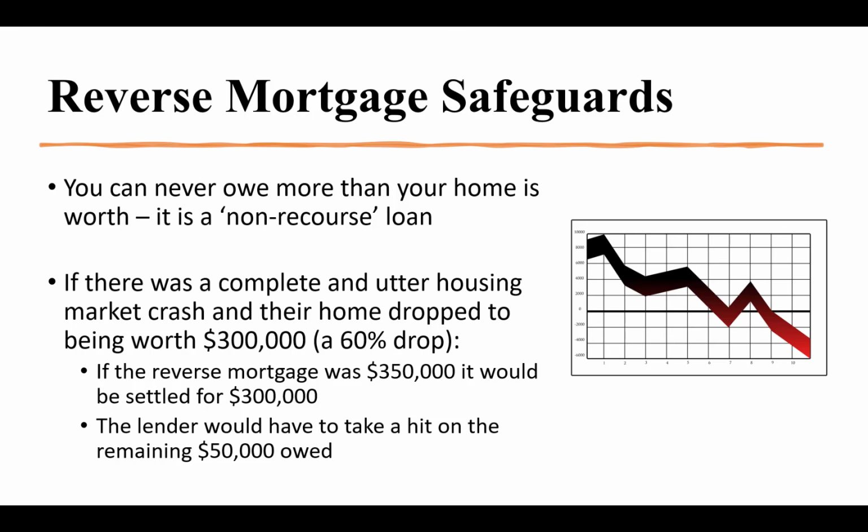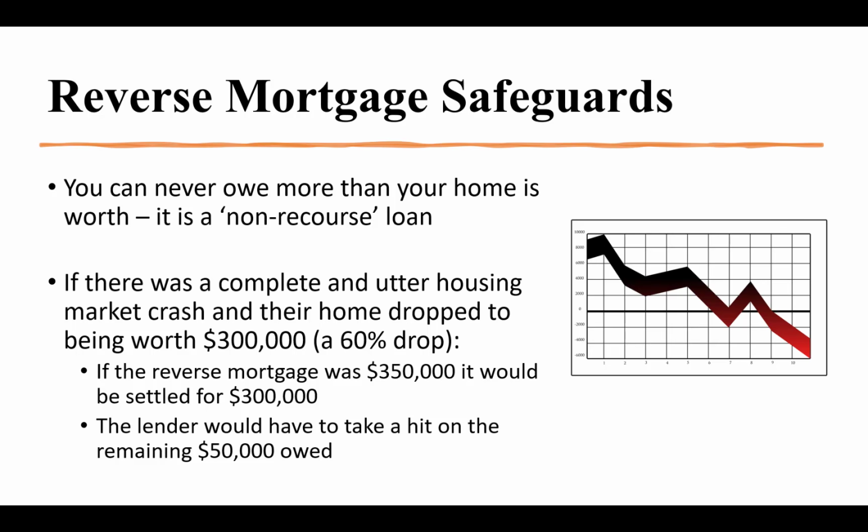Well, let's say at the same time the reverse mortgage has grown in value and its balance was now $350,000. Well, if the reverse mortgage was $350,000, it would be settled for $300,000 because they can't owe more than their home is worth.